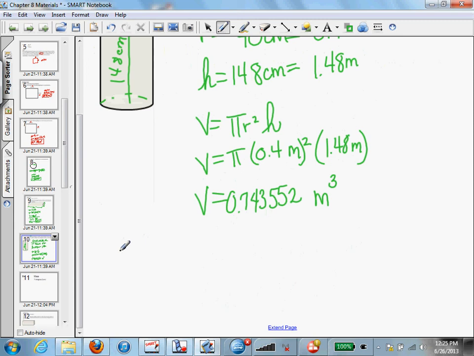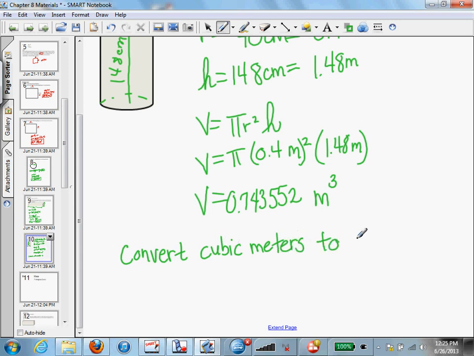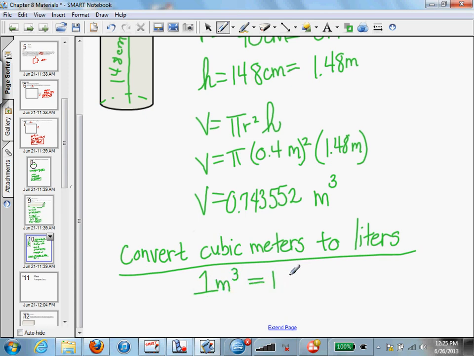Okay, and now we use our conversions to convert cubic meters to liters. And for that we need to know that 1 cubic meter is equal to 1,000 liters.